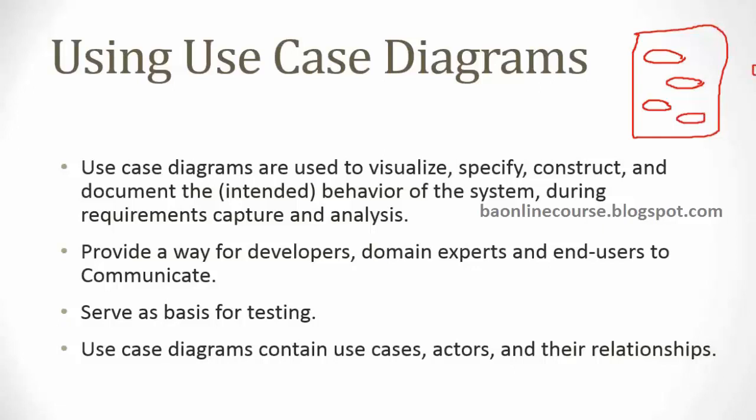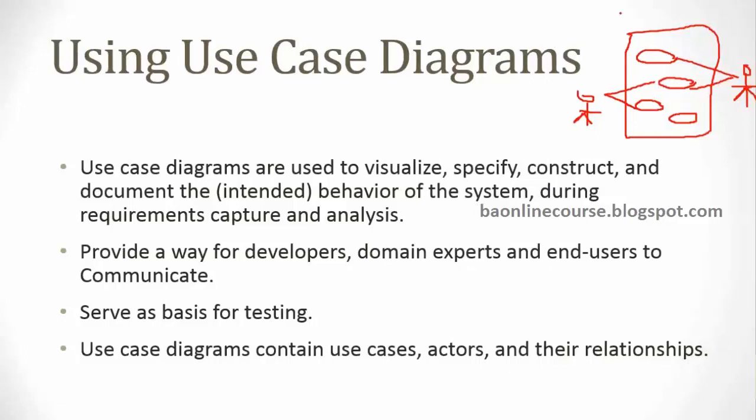Who is that somebody? We call that an actor. So there is an actor, there is a system, and then the system is offering some functionality which the actors would use, right? There could be another actor who is also using the system, so he would use some functionality as well. Some of the functionality could be used by multiple actors.